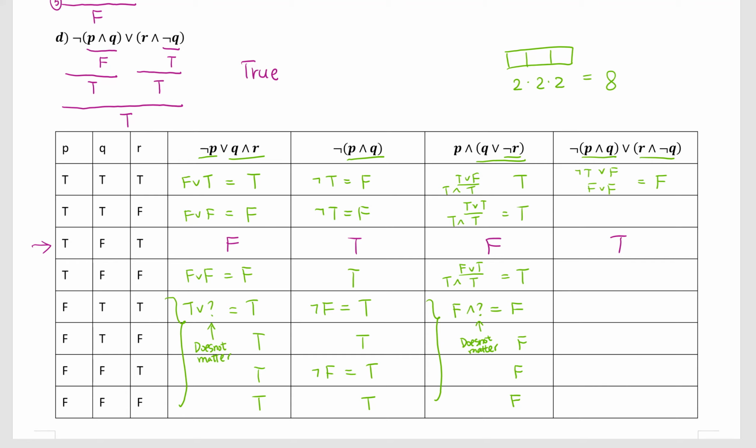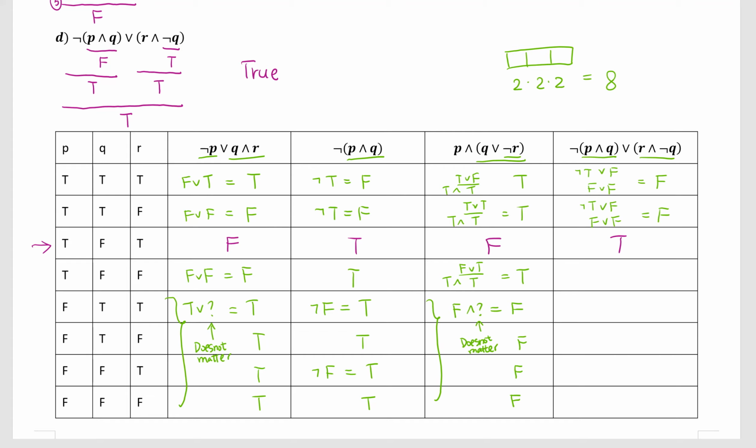Next, P and Q is the same as before. So P and Q is true and true, which is true. So not true or R is false. False and whatever is going to be false. Wow, we have the same thing, right? Not true is false, or false equals false. Alright, let's continue.